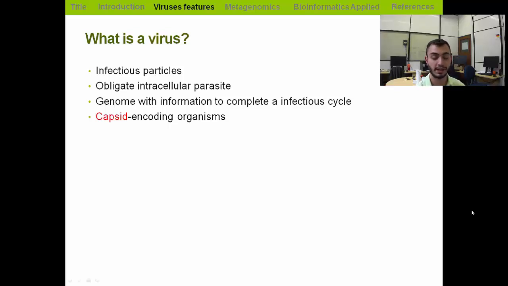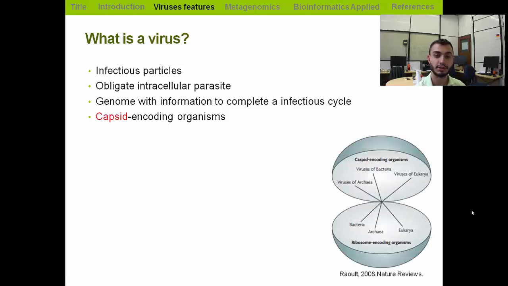So all viruses have a capsid, and with that in mind, we have this proposal by Raoult in 2008. He proposed this tree of life, putting viruses and the ribosome-encoding organisms all together in it. It's a very nice proposal, because it considers viruses as living things and puts them in a tree of life where we can organize all these different kinds of life.